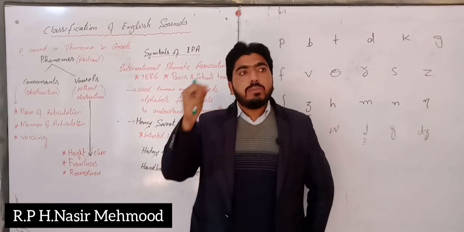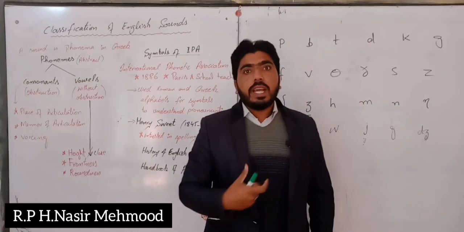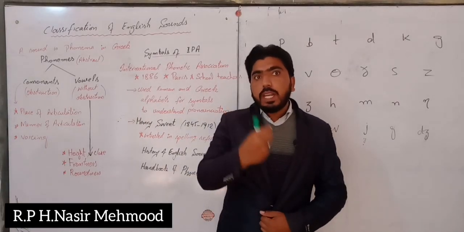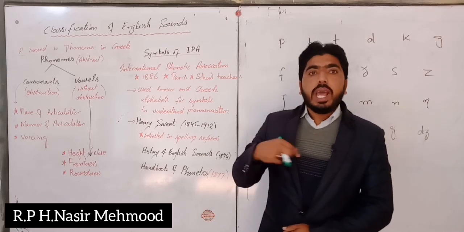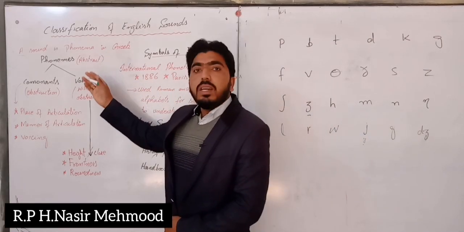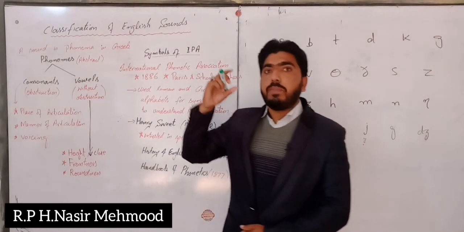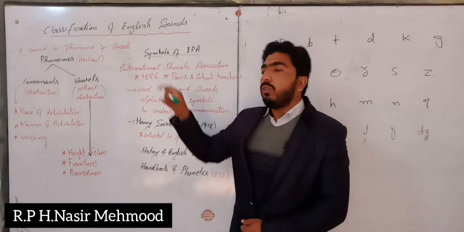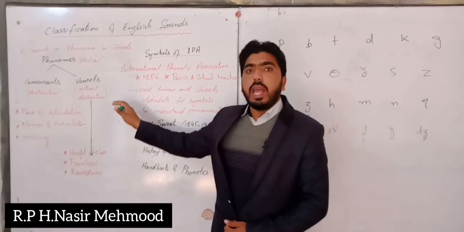When phonemes come to our mouth, when these sounds are physically realized, physically spoken, physically uttered, then we call these phonemes phones. So phonemes are the abstract idea, abstract sounds which are present in our mind. Phonemes are further classified into two types, consonants and vowels.